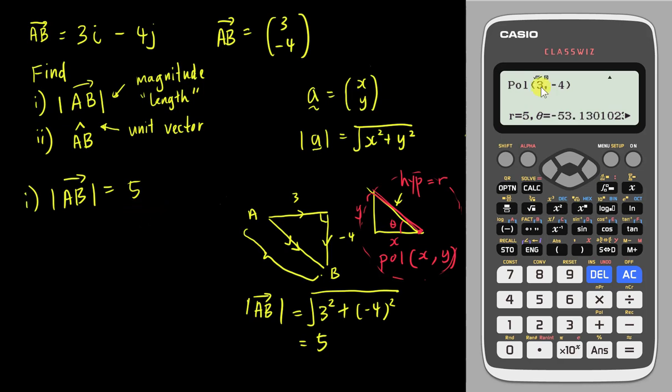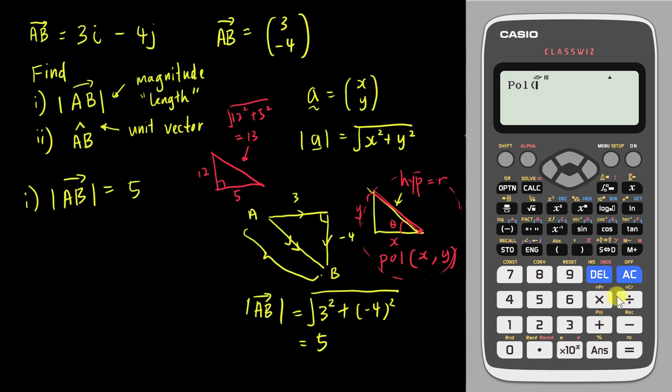Alright, I want to test whether this method works for all right angle triangles. You can always do that. So let's say I have a right angle triangle with sides 5 and 12. Of course we know by doing Pythagoras, the length of this one will be 13, right? Because it's 12 squared plus 5 squared, you square root it, you should get 13. Let's test it out using this calculator.